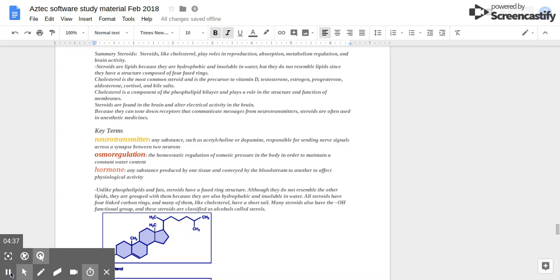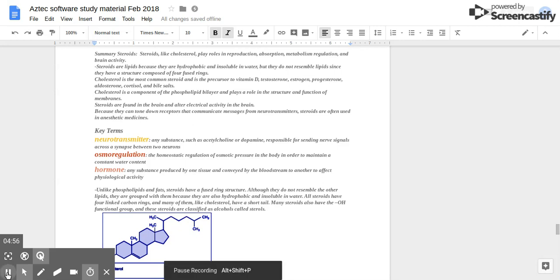Steroids are found in the brain and alter electrical activity in the brain because they can tone down receptors that communicate messages from neurotransmitters. Steroids are often used in anesthetic medicines.